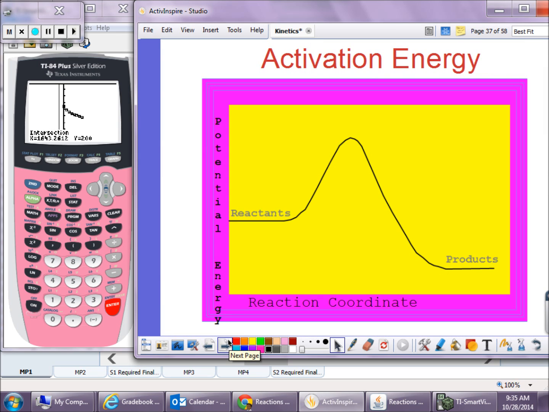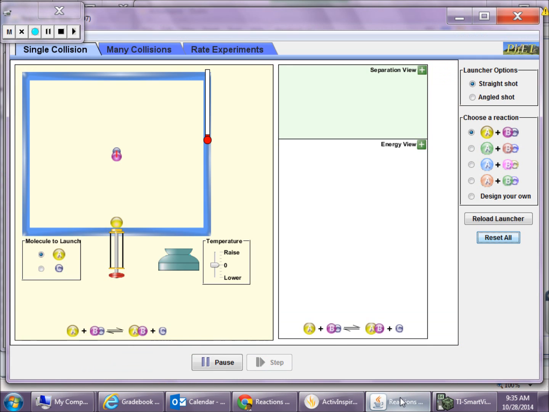Now, this is just a review. We already discussed this. As you can see here, for a chemical reaction to take place, we need two things. We need the particles to collide. Not only do they need to collide, they need to collide with enough energy.